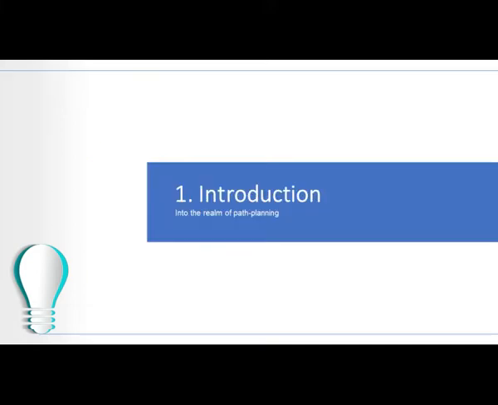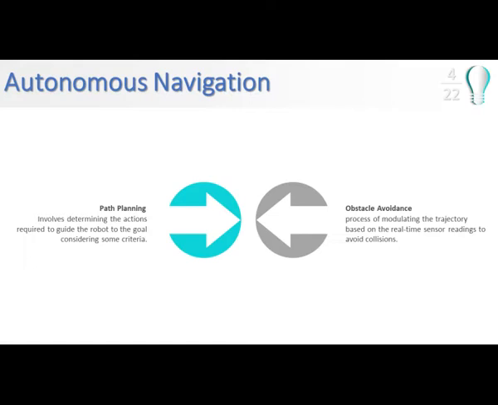In the introduction part, I'm going to talk about the problem definition. Autonomous navigation is a problem that consists of two factors, path planning and obstacle avoidance.